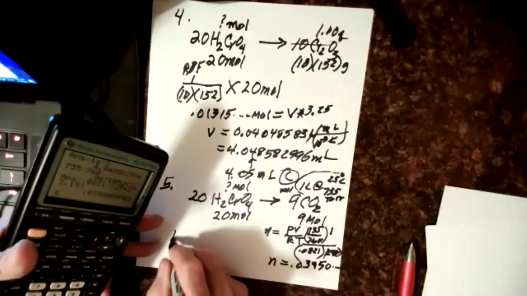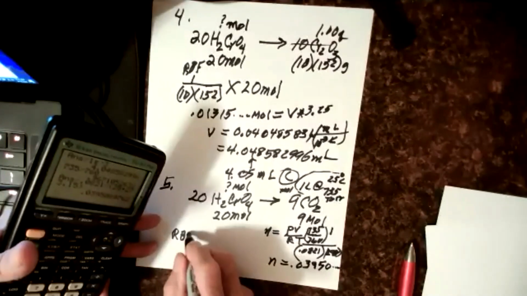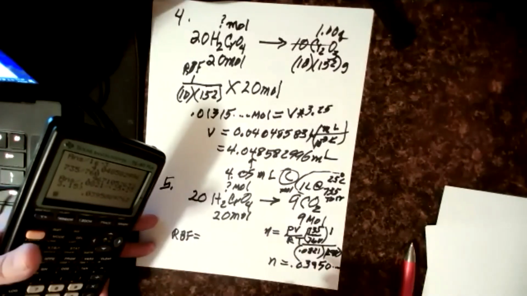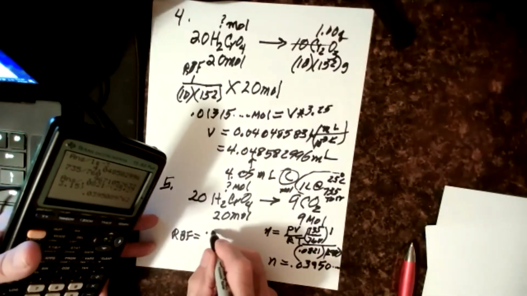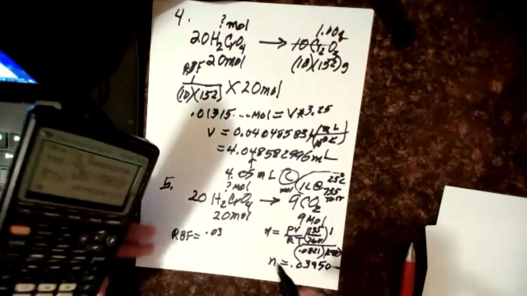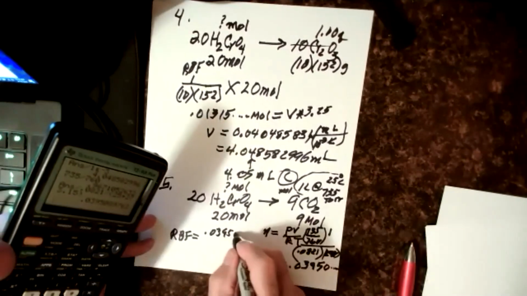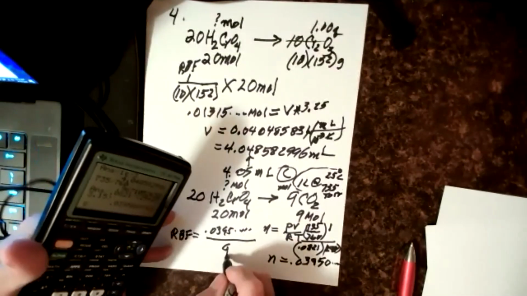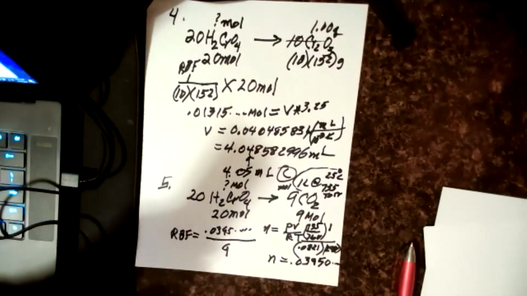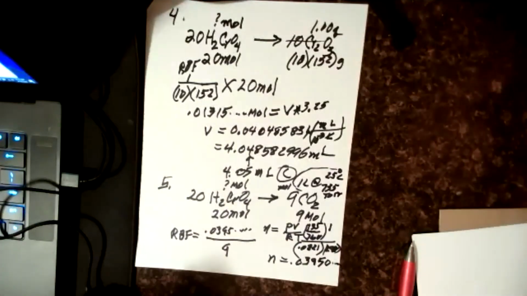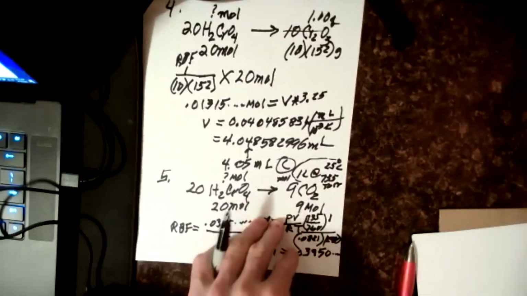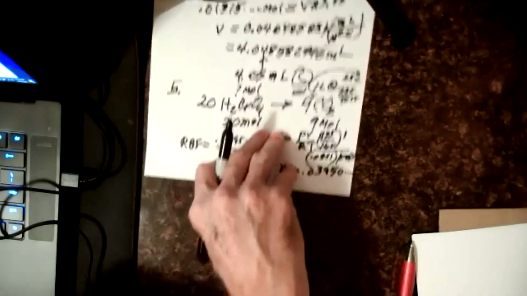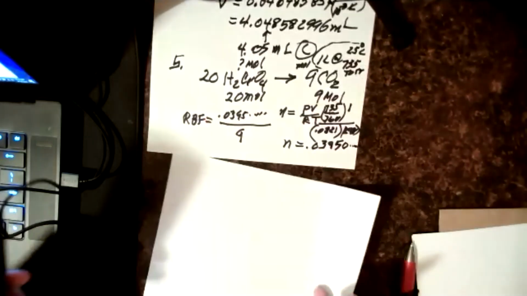So I'll get my rebalancing factor. It's going to be the number of moles I got up here, 0.0395 and a whole bunch of digits, divided by 9. But I can do that now on my calculator because I still got this number in my register on the calculator.